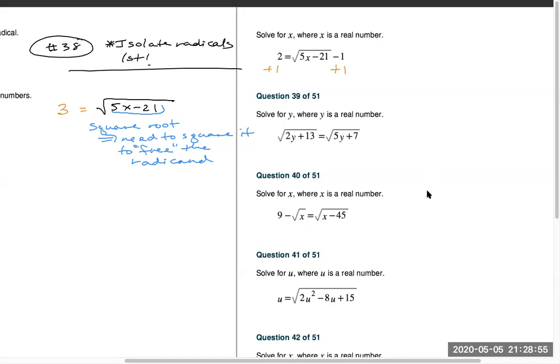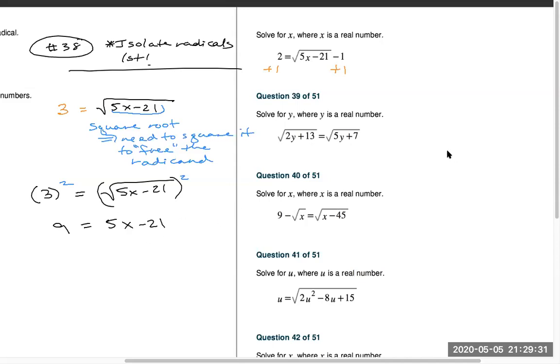So let me do this in a separate step. 3 squared equals root 5x minus 21. We're going to take that and square it. So on the right side, we get 5x minus 21. And on the left side, we get 9.